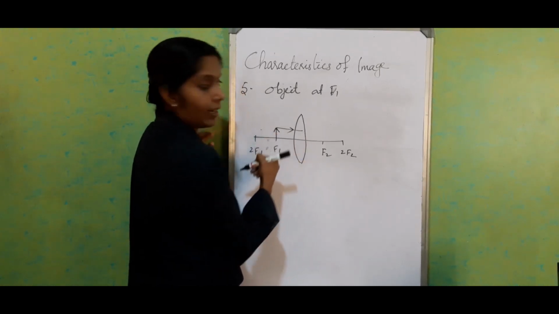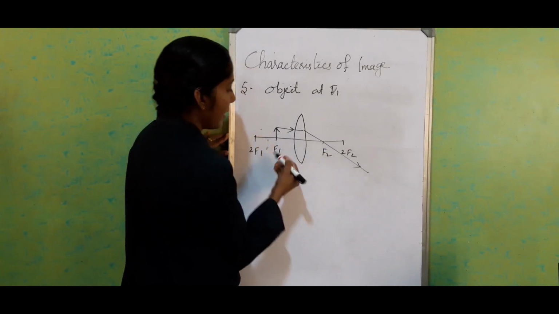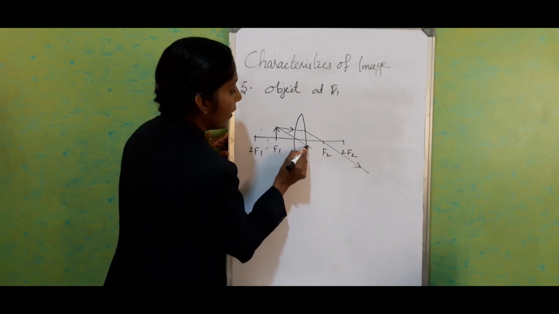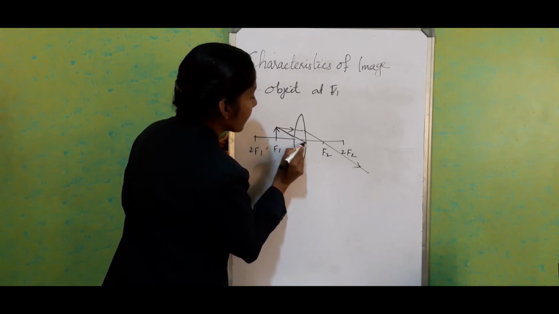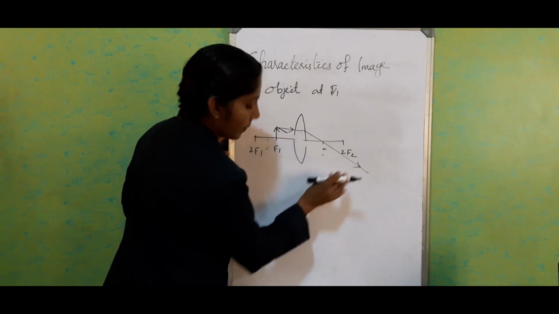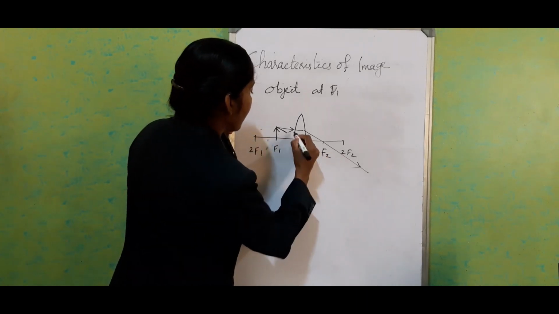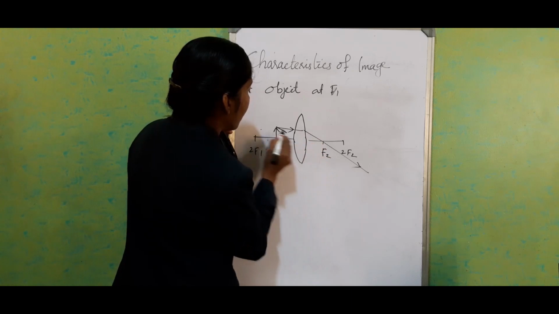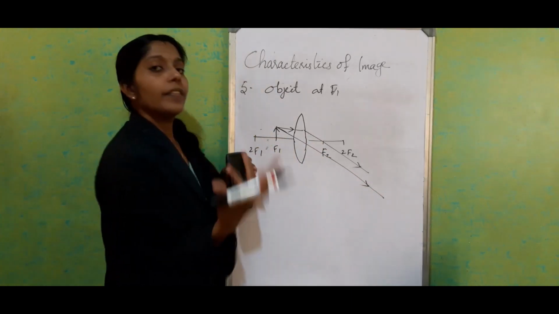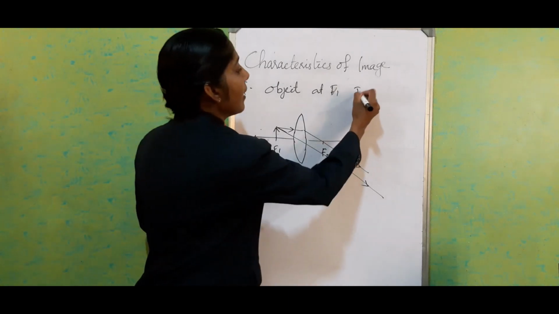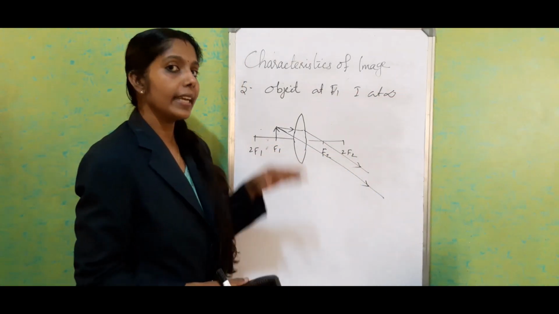First ray parallel to the principal axis, after refraction it passes this way. Another ray is passing through the optic center. We are getting the image at infinity.